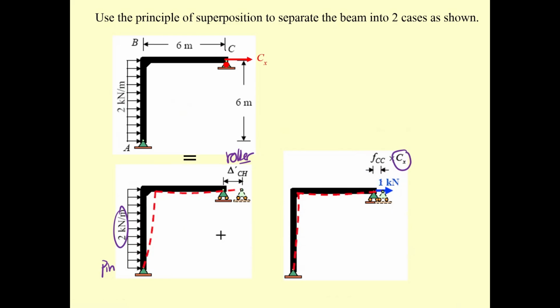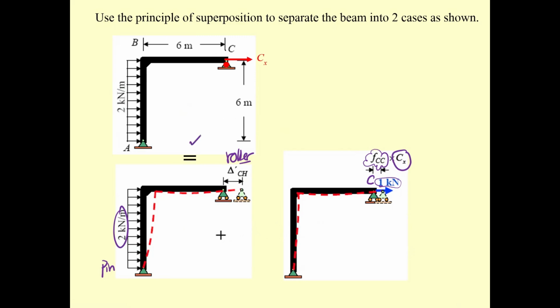By setting the unit force equal to 1 kilonewton, you will determine the deflection at point C in the horizontal direction. Now, if you combine these two frames together, you will get this one.